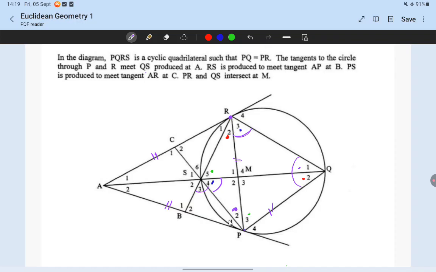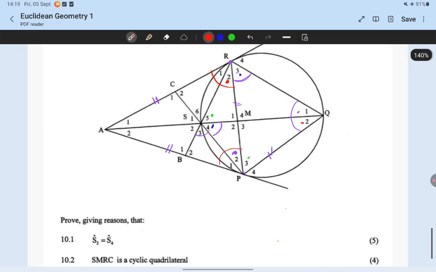So which makes these angles to be equal as well. So it means that this whole angle must be equivalent to this whole angle. Once you use different colored pens, you can see that this should be very easy, right? Now let's go to the questions that we're having. Let's see how we can answer that.